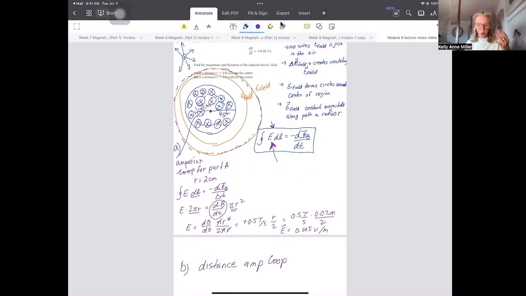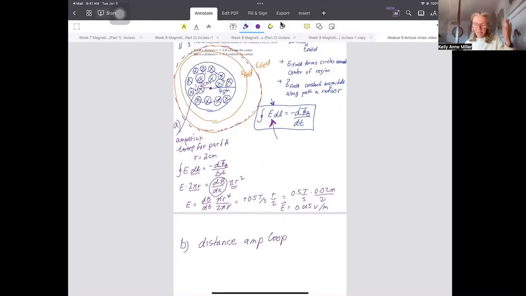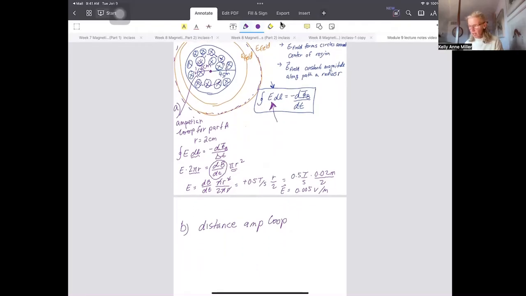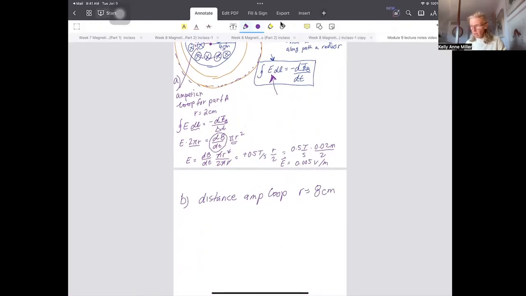I mean, it's just a loop. It's a construct. Because this side of the equation is the same as Ampere's law, I'm just calling it an Amperian loop, but it's just a loop. It's a construct that you've drawn. So the distance of your loop is R equals 8 centimeters. And I just do the same thing, right?